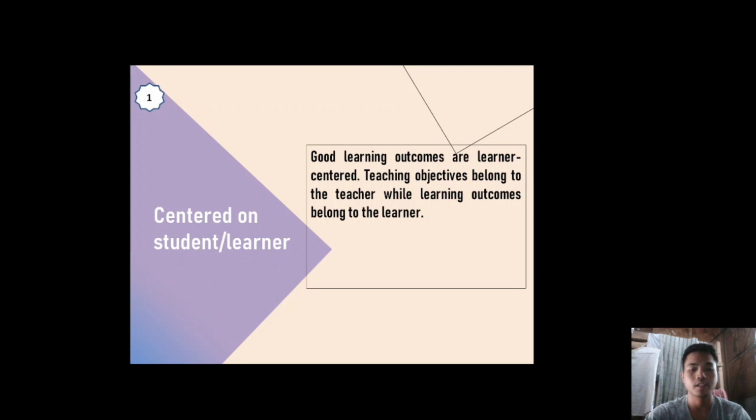They describe what the learner is able to do as a result of teaching. Teaching objectives belong to the teacher, while the learner outcomes belong to the learner. This characteristic focuses solely on the student. It is called learner-centered. Teaching objectives belong to the teacher, and the learning outcomes belong to the student.